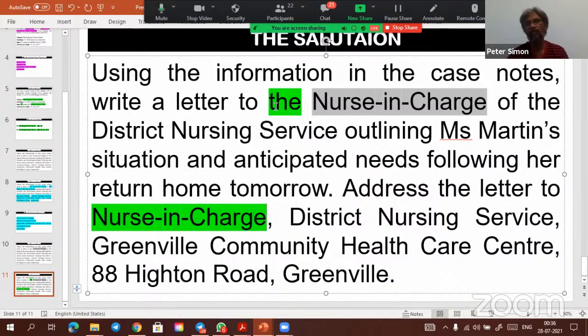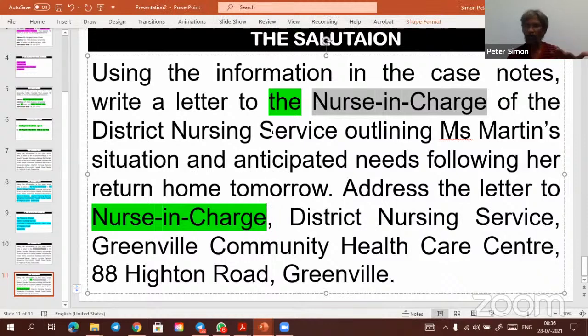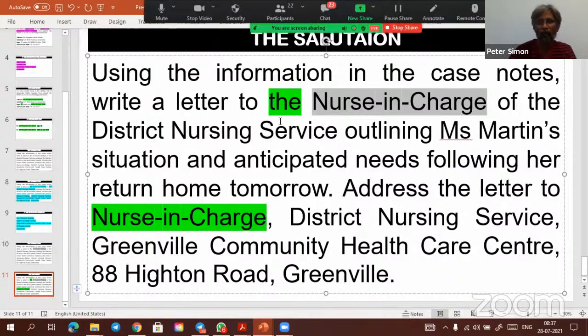But if you take from here, it is the nurse in charge. So that was the point. Whatever it is, those who did not write the "The", please write. And those who already wrote it, no problem to fix it. All right. Next.